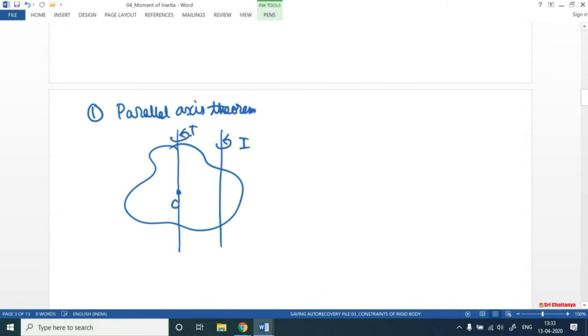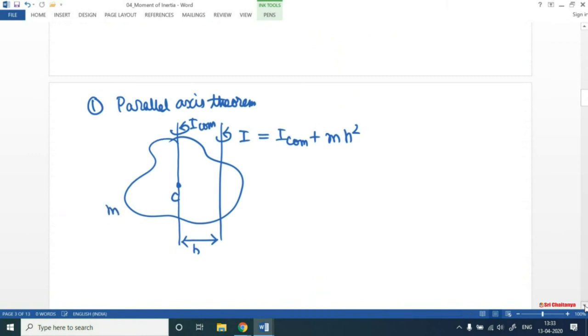We term this ICOM. In that case, I would be equal to ICOM plus mh square, where h is the perpendicular distance between these two parallel axes and m is the mass of the body.